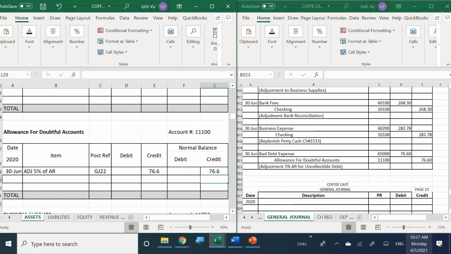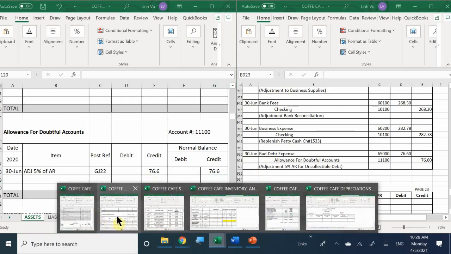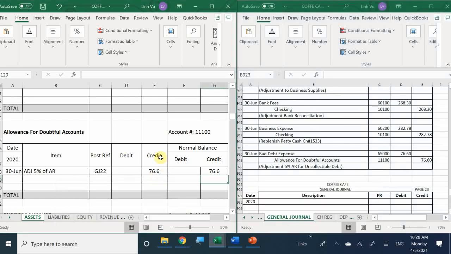That's where the credit and the debit balances come from. So here we have 76.60 for my allowance for doubtful accounts. We already entered it into our ledger. Everyone good so far?